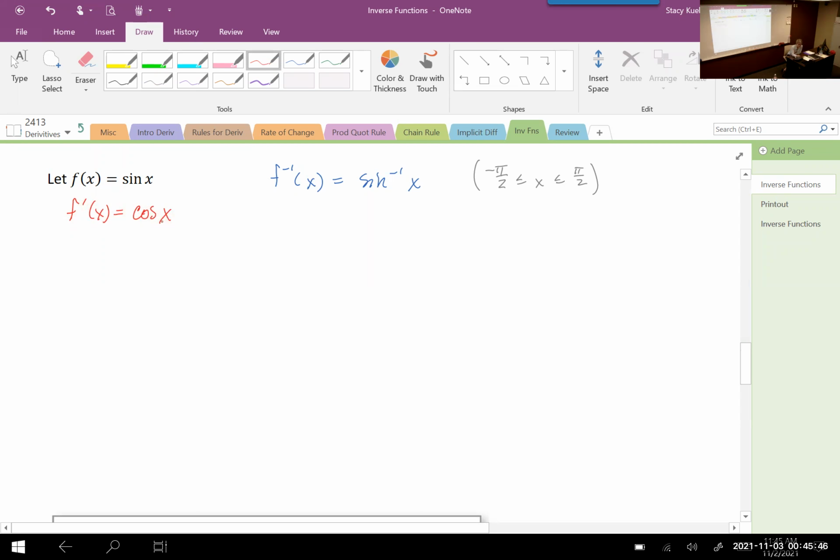The relationship that we know to be true from the theorem above says that the derivative of the inverse is equal to 1 over the derivative of the function evaluated at the inverse.